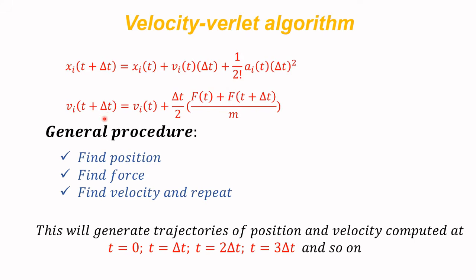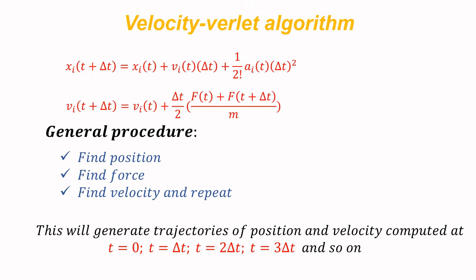So that was the drawback in the case of the Verlet algorithm. Here we can calculate the velocity at time t plus delta t, and it will be equal to the velocity at time t plus delta t by 2 times the force at time t and the force at time t plus delta t, divided by m, so it becomes nothing but the acceleration.